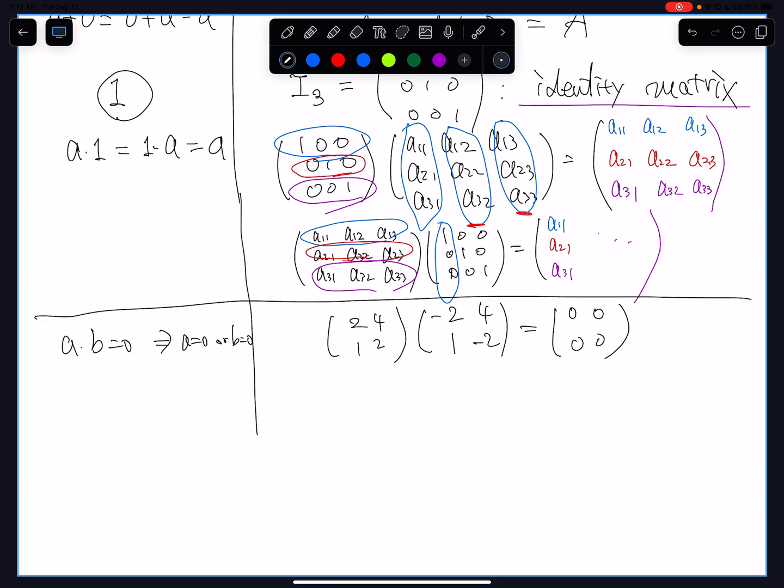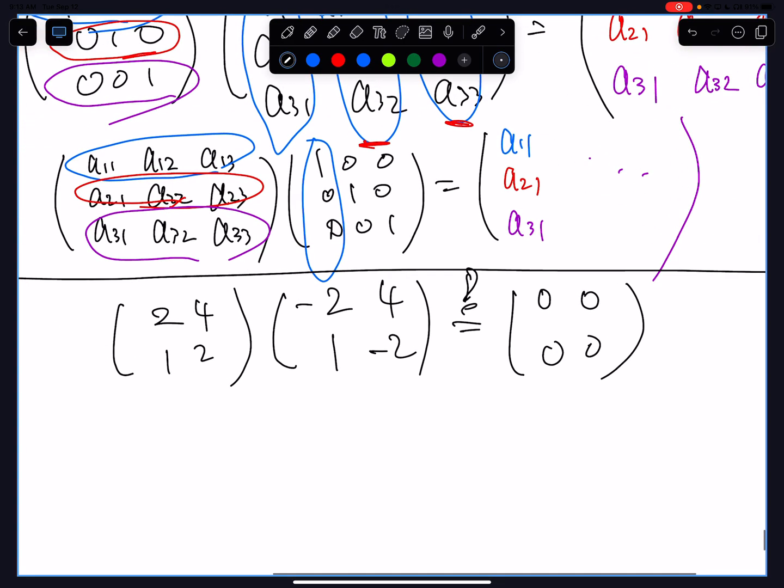So you can verify that. You need to verify this one, okay? If you multiply these two matrices, we end up with a 0 matrix. Row 1 times column 1: 2 times -2 plus 4 times 1, we get -4 plus 4 equals 0. Row 1 times column 2: 2 times 4 plus 4 times -2 also gives you 0.